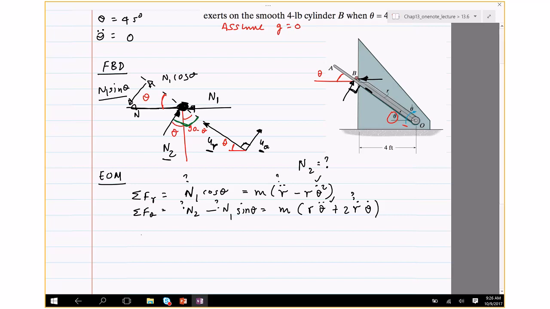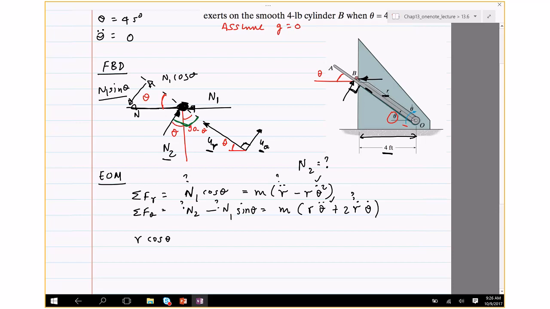So r is this. I've been told that this is constant. So this distance is r cosine theta, right? Because r is this.